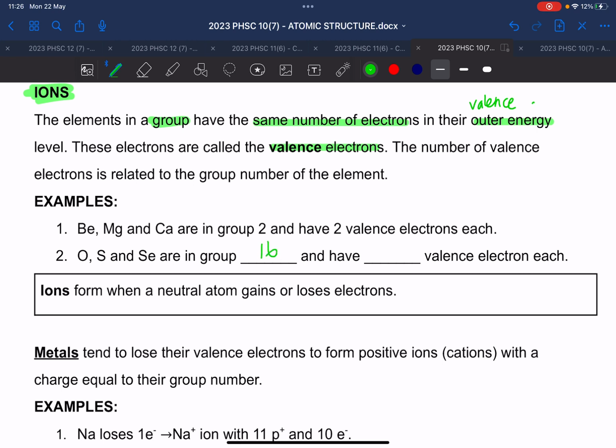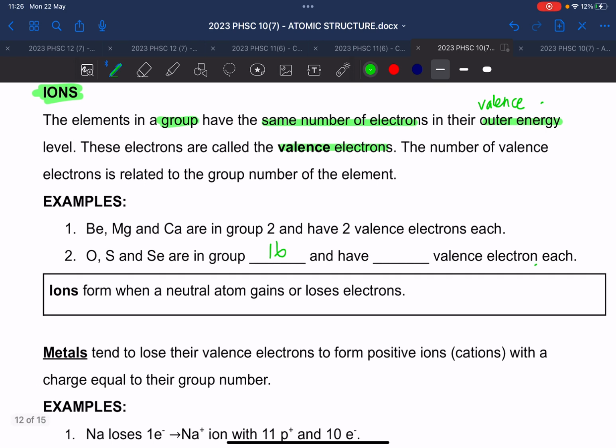So how many valence electrons will they have? No, that's their valency. How many valence electrons does oxygen have? There's oxygen: 1, 2, 3, 4, 5, 6. In group 16, it has 6 valence electrons.